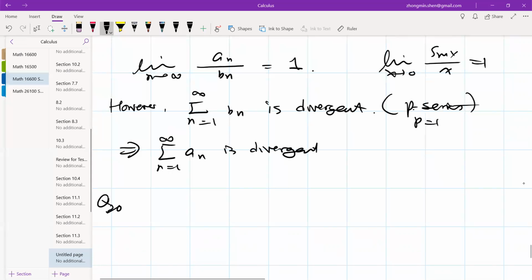Let's do one more problem. All right, so this one clearly is convergent.